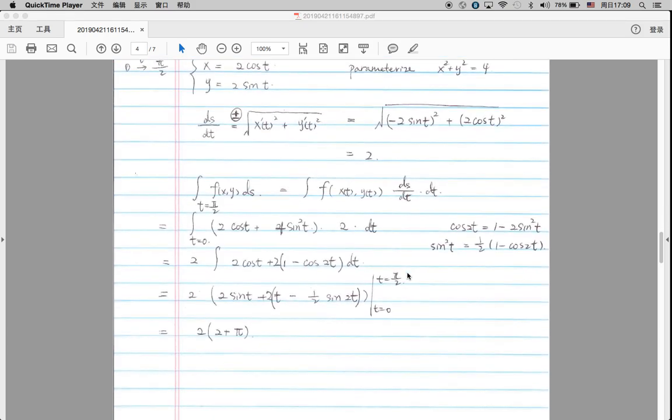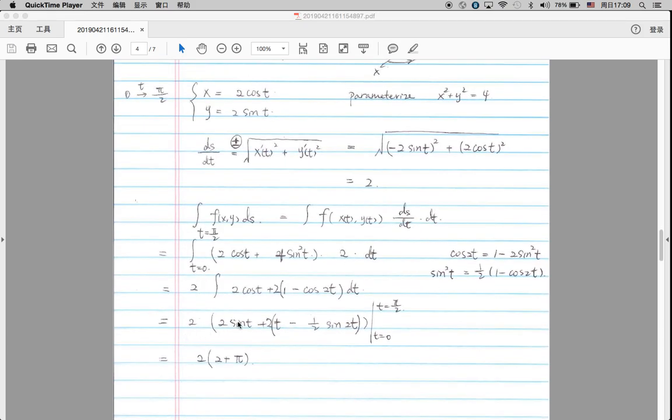So from here, it's basically a basic integral technique. So we calculate over the curve f of x and y, and then we expand the integral here, which is f of x of t and y of t with respect to the value of t here.